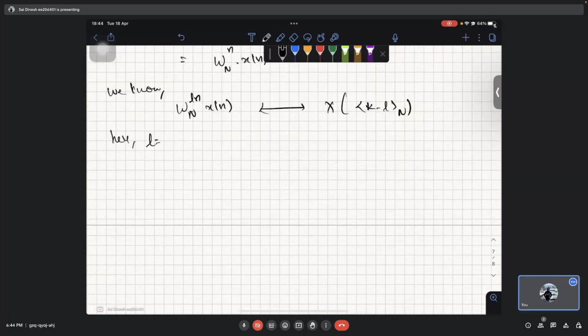Here L equal to 1, which implies the DFT is shifted by one sample.